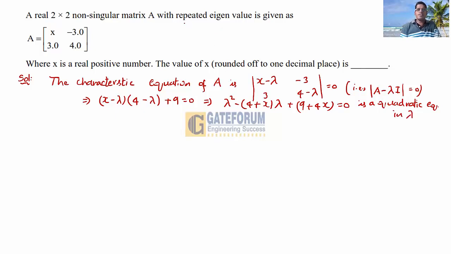Now, repeated eigenvalue. A quadratic equation has two roots, and here the two roots are repeated.